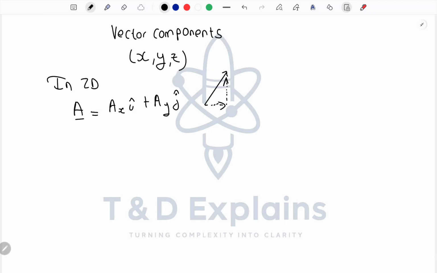It could be a velocity vector which first moves in the x direction and then the y direction, given this resultant. So if I have represented a certain vector A, it means that A is here, and this is AX and this is AY. And we have these things called unit vectors, which are written with hats. I'm going to explain what a unit vector is in a second.